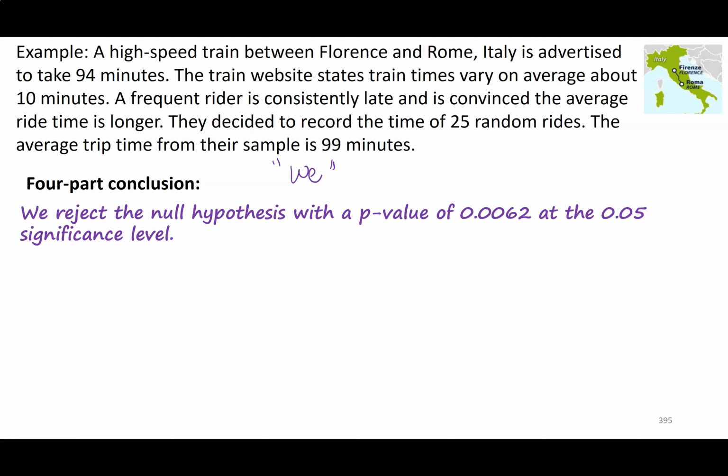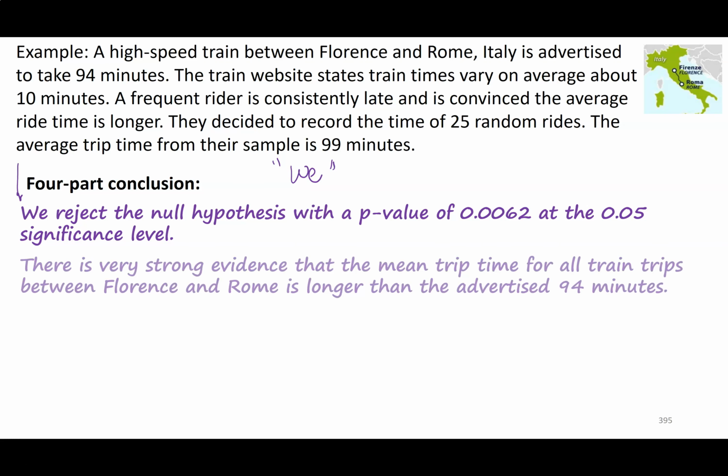I don't know, it makes us feel more valid or something. We do it a lot, obviously. I'm doing it right now. So you can say I reject, and that's totally valid. Just know that for some reason in stats, we tend to use we a lot. And then there's very strong evidence that the mean trip time for all train trips between Florence and Rome is longer than the advertised 94 minutes.